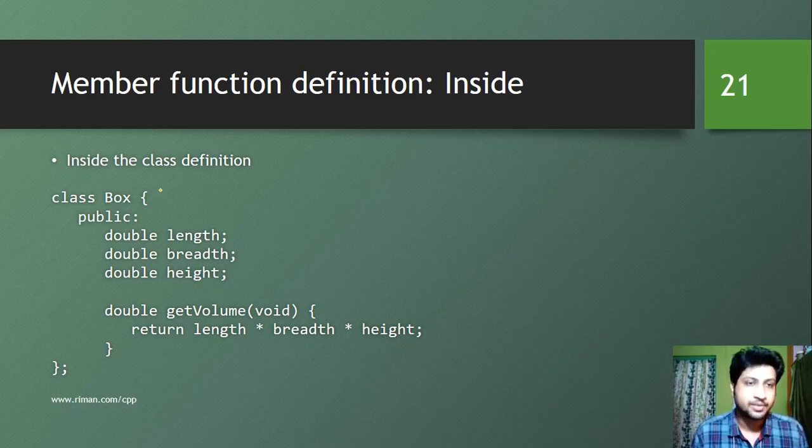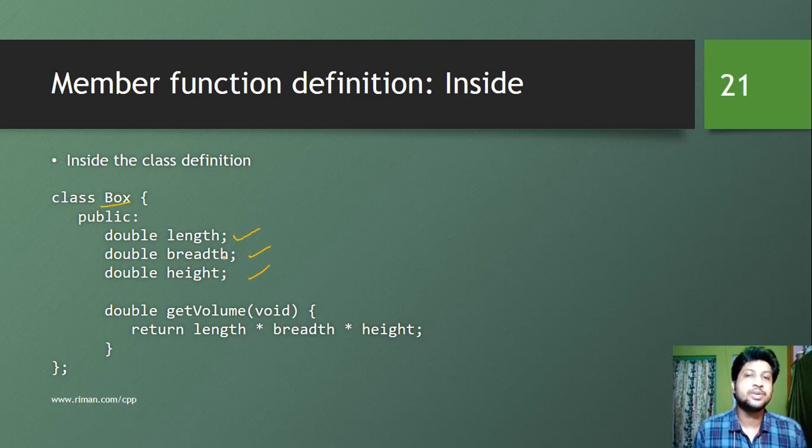This is an example where we have used the example from the previous lecture. We have this Box class with three data members: length, breadth, and height, and we have defined this particular function, void getVolume. The task of this function is to return the volume, that is the multiplication of length, breadth, and height.